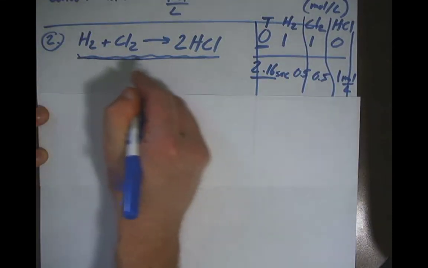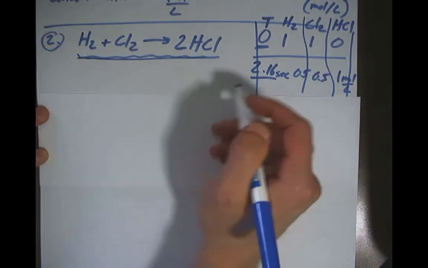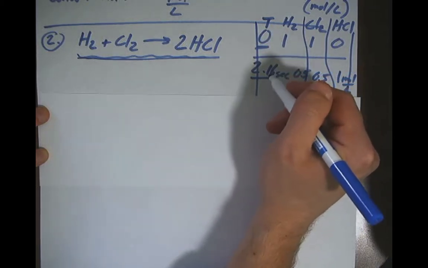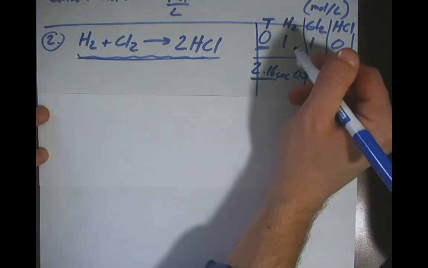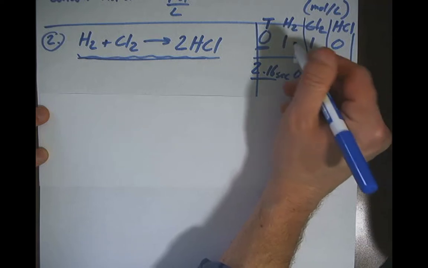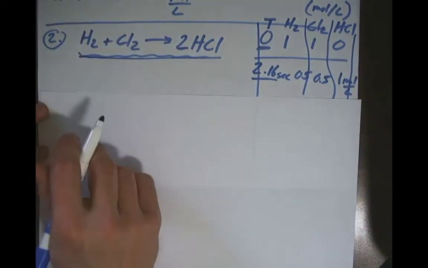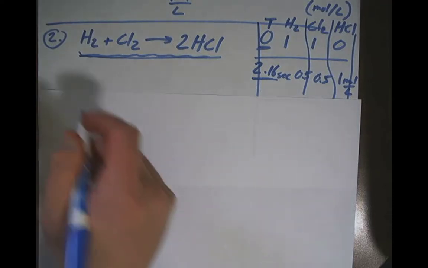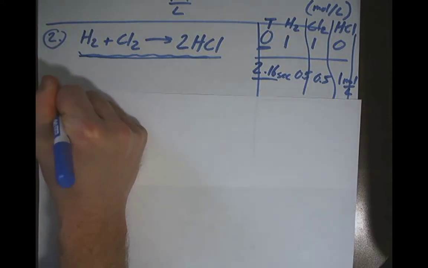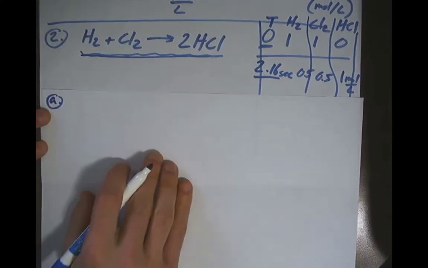So this is the reaction we're going to follow. And we have a table with some times and some different concentrations of those different compounds as they proceed through this reaction. So let's jump down to the first question, letter A.